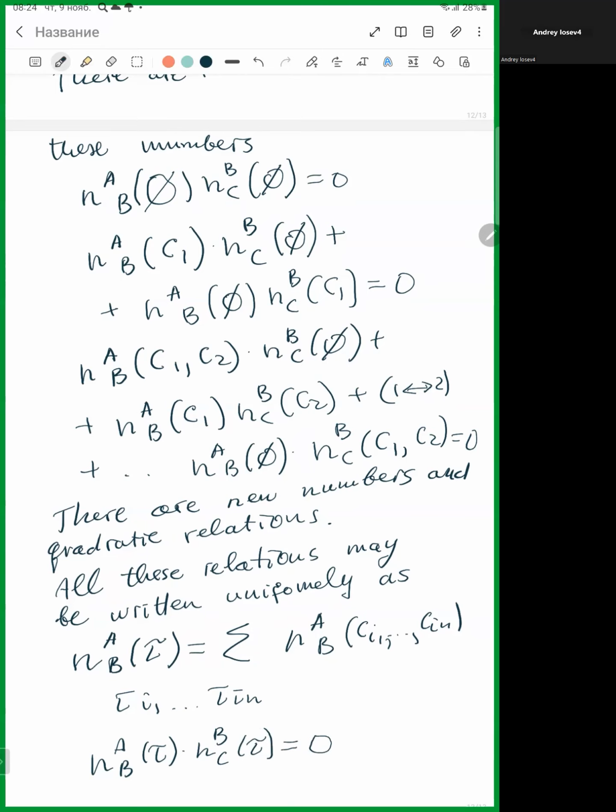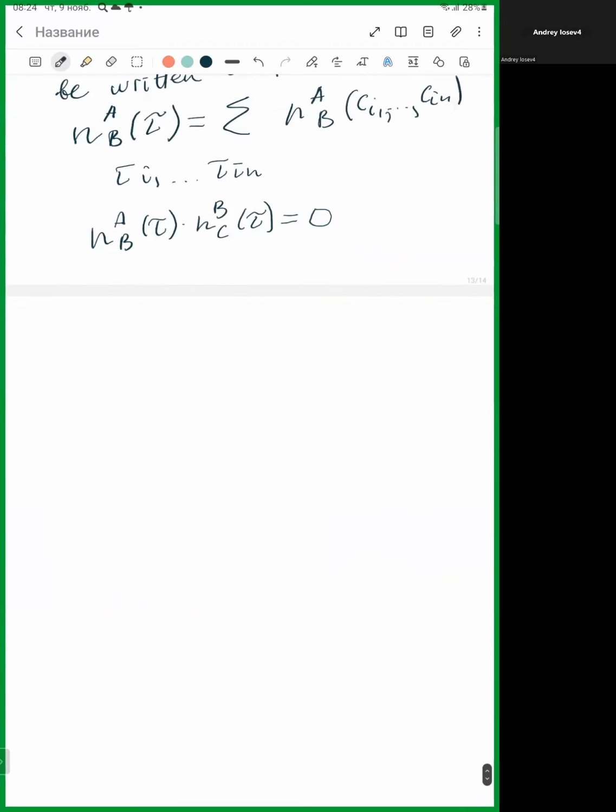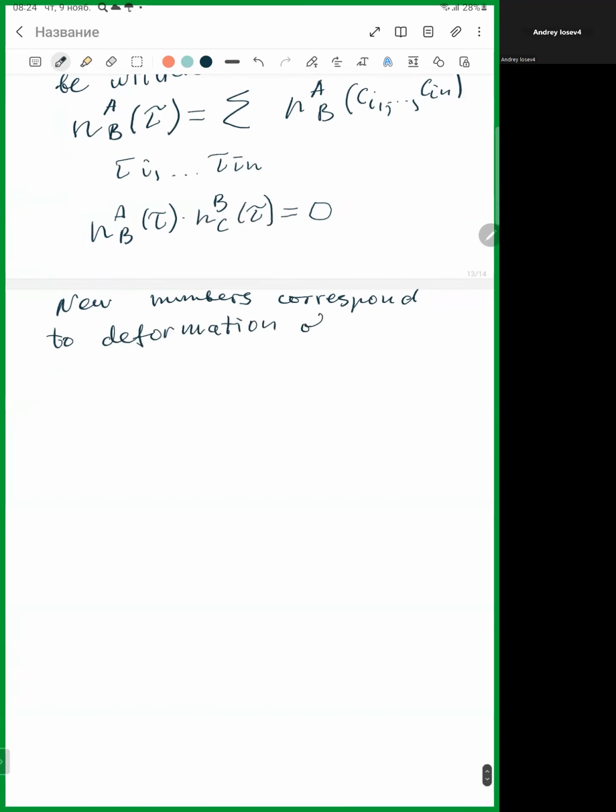So new numbers correspond to the deformation of the Morse complex.